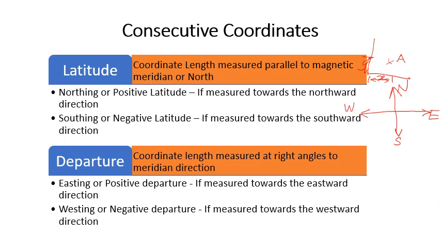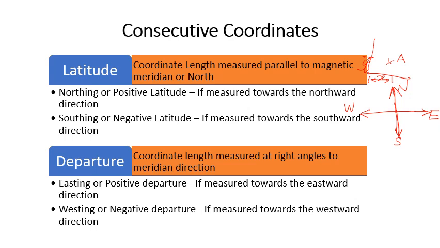Any length measured parallel to the north-south direction can be considered as latitude. So it's very similar to the y direction, right? Our north-south line is very similar to the y-axis.